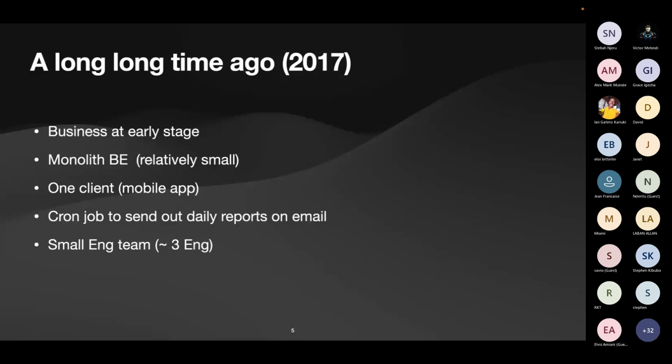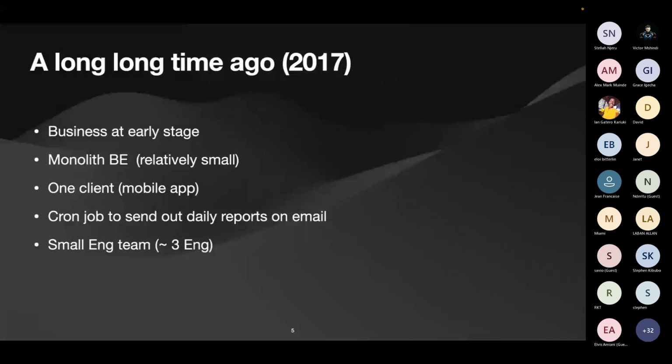There was a monolith backend, which was built in Flask, and it didn't do much. It had maybe 3, 4 modules, and it took maybe a week, maybe even 2, just to onboard and be productive, and be confident to make changes and make contributions.